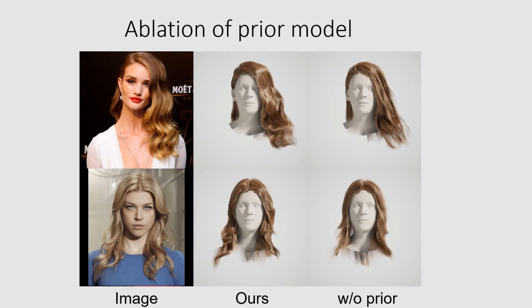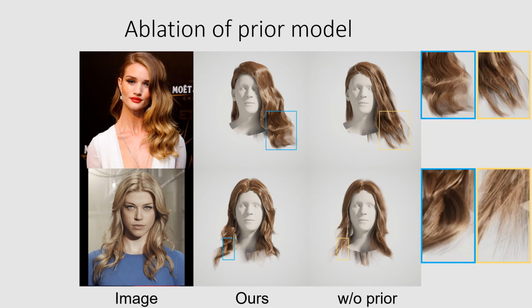Here, we ablate the importance of optimizing in the prior model space during the inversion stage. In the last column, we present results of optimizing strands directly in 3D space, starting from an initialization obtained using the hairstyle prior. Models that optimize hairstyles directly in 3D space struggle to capture wavy structures.